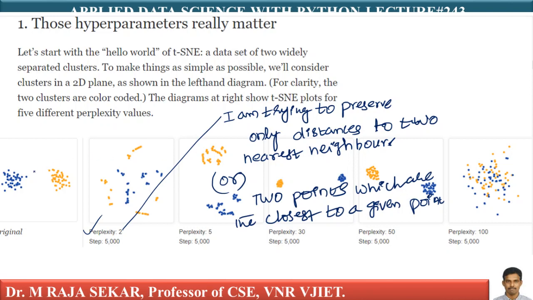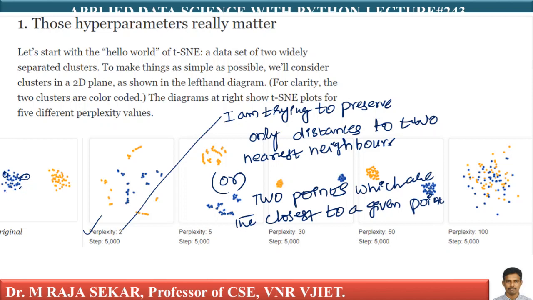Just see, if I take a given point, I will try to preserve the distances to the 2 points which are nearest to this one. I am trying to preserve only the distance to 2 nearest neighbors.